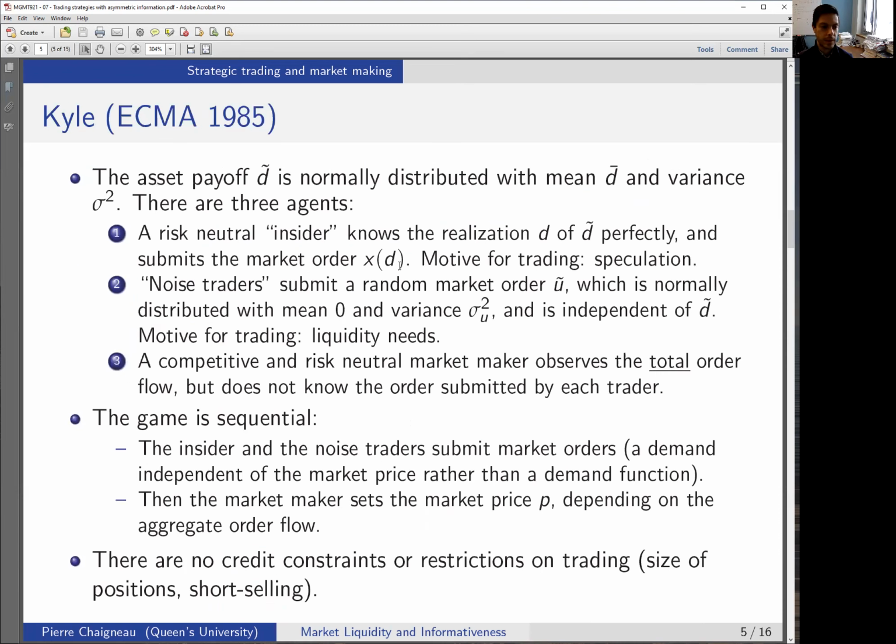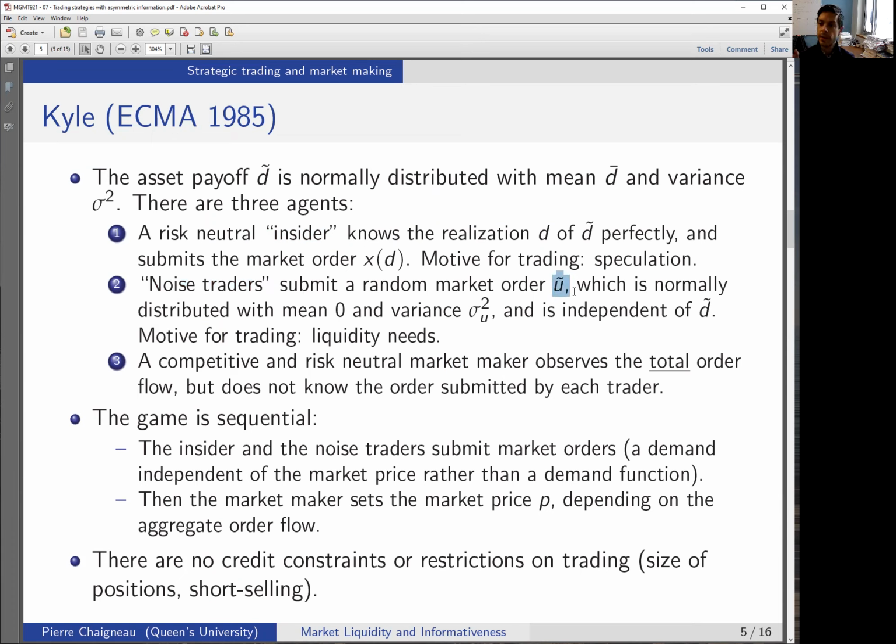Well, if this agent makes 0 expected profits and that one makes positive expected profits, it means that noise traders will be losing out. Why would they be losing out on average? Well, it's simply because their market order is going to move the price against them.